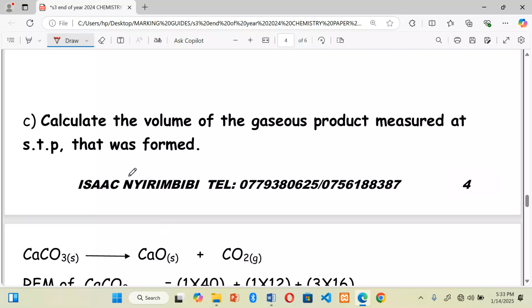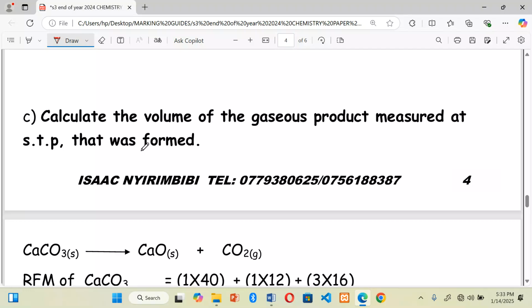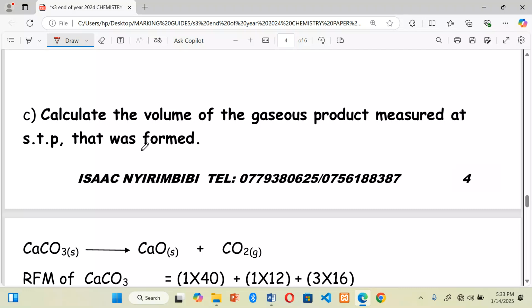Look at part C. Part C is saying calculate the volume of gaseous product measured at STP that was formed. Don't forget there is information that was given to us in the question. They say that they used 25 grams of calcium carbonate, which was decomposed.